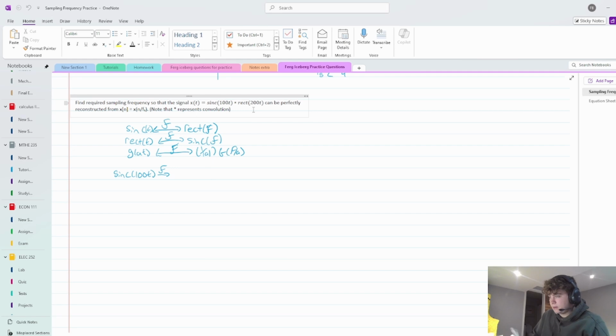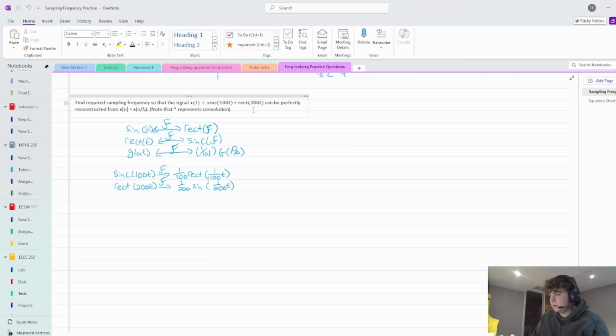And you get 1 over 100 times the rectangle of 1 over 100t. And for the rectangle function, you do the same thing. The Fourier transform, you get 1 over 200 sinc of 1 over 200t.